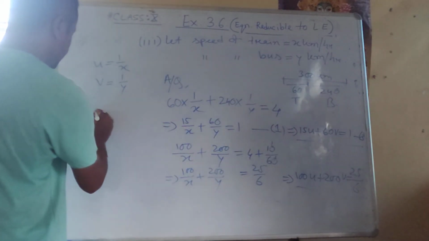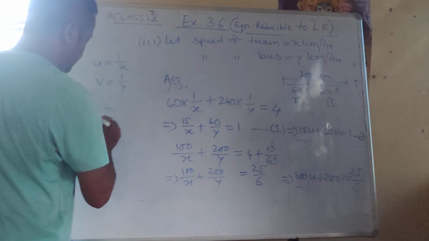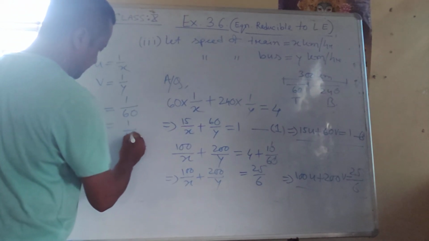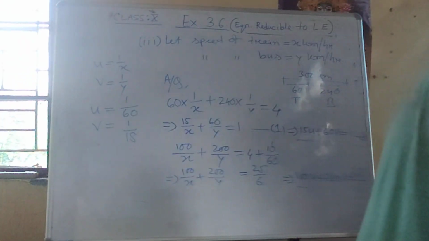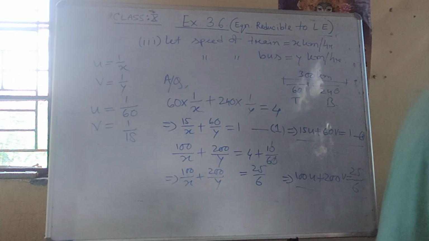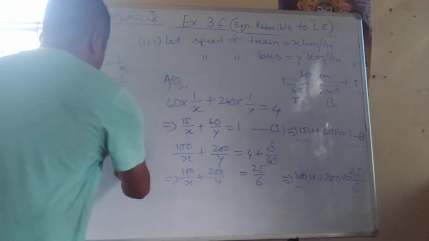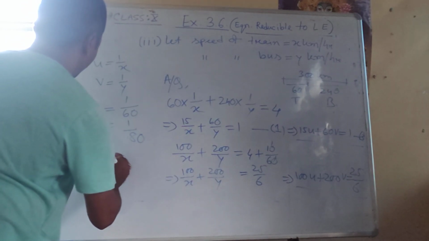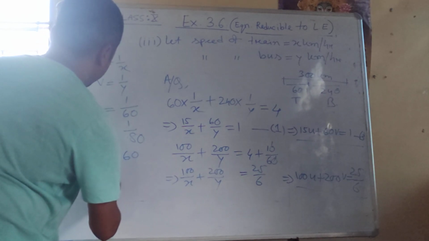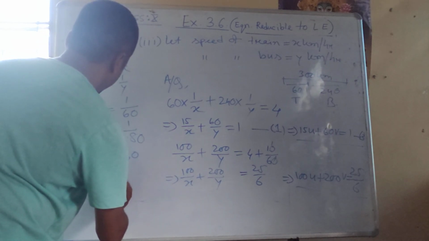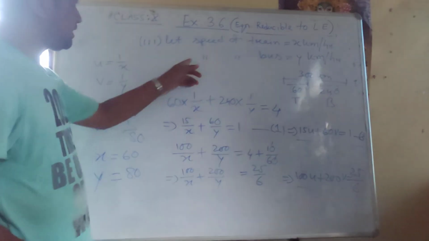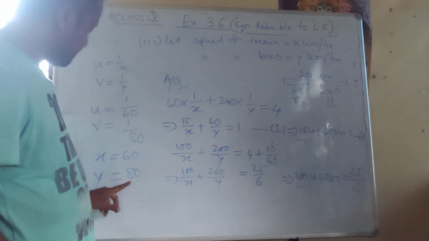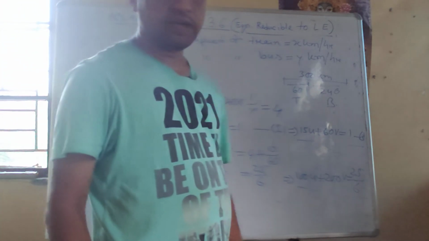You will get u is equal to 1 by 60 and v is equal to 1 by 80, that is x is equal to 60 and y is equal to 80. So x, the speed of the train, will be 60 km per hour, and y, the speed of the bus, will be 80 km per hour.